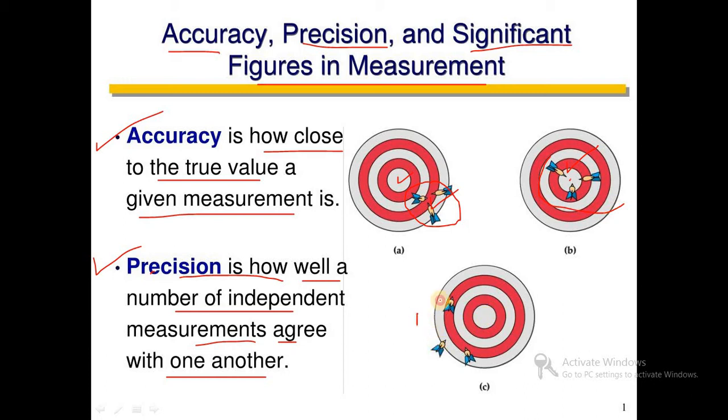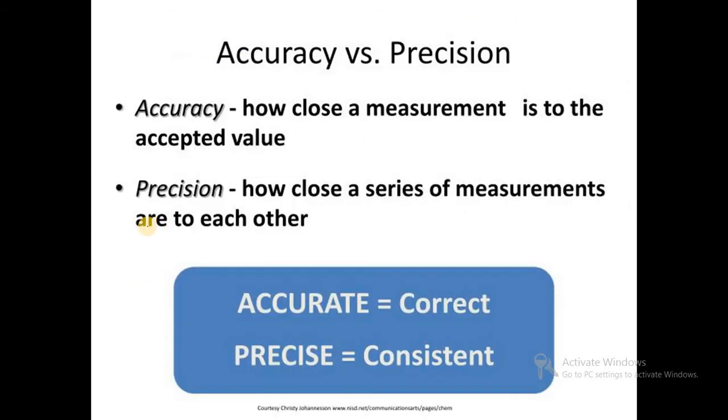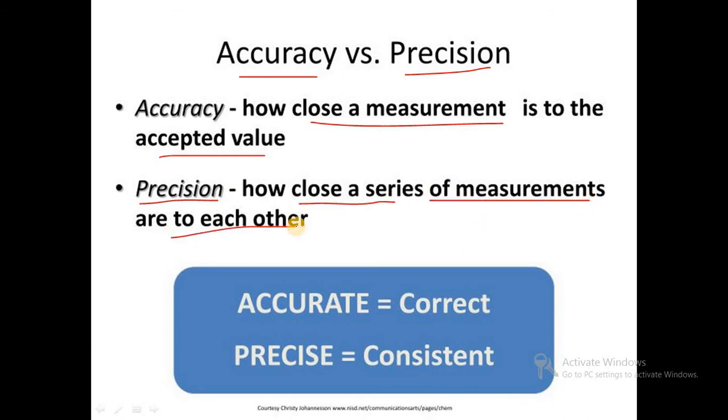They are neither accurate nor precise. So, the difference between accuracy and precision: accuracy is how close a measurement is to the accepted value, and precision is how close a series of measurements are to each other. Overall, accurate means correct and precise means consistent.